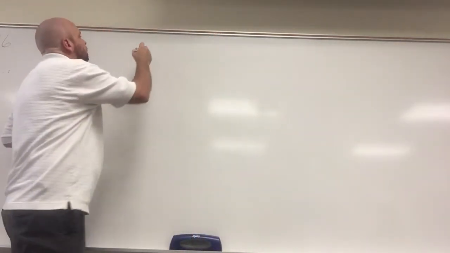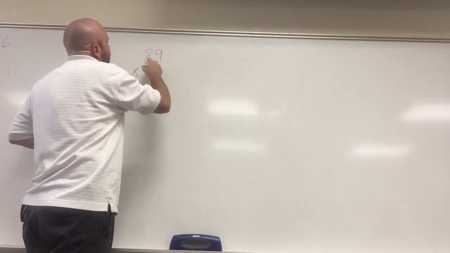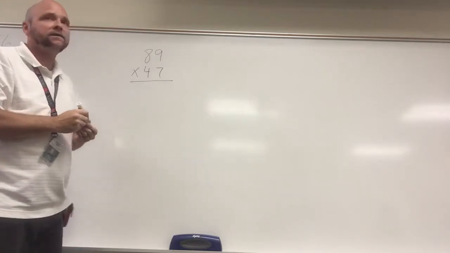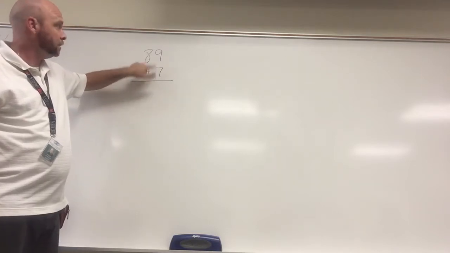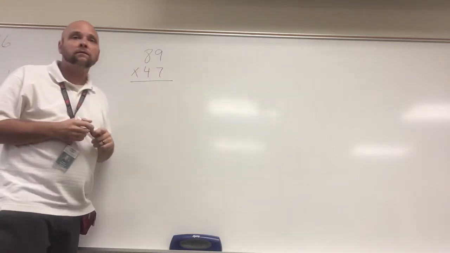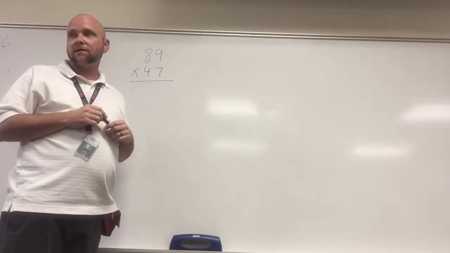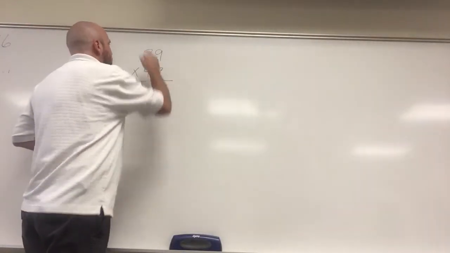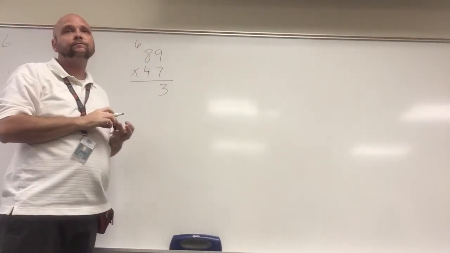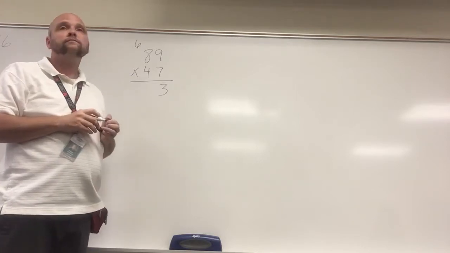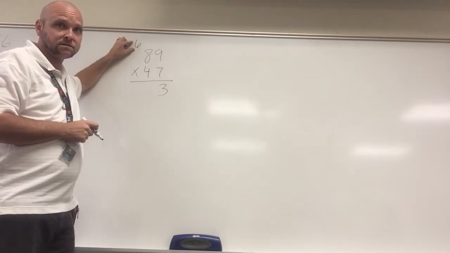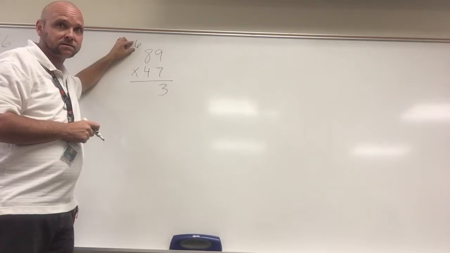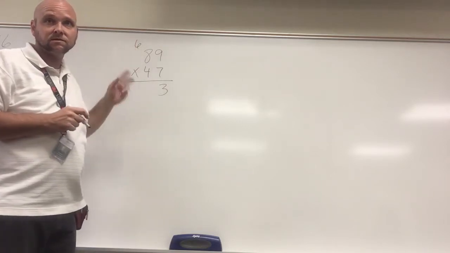All right, let's take 89 times 47. Okay, again, we're doing 1 digit at a time. 9 times 7 is 63. 7 times 8 is 56. 56 plus 6 is 62.